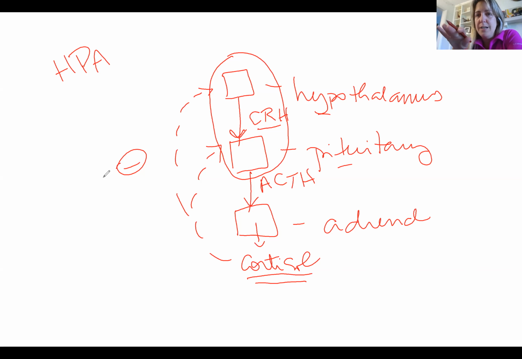You can stop releasing those. Then when the levels of cortisol drop in the blood, this feedback loop is going to stimulate the hypothalamus and the pituitary to produce and release more CRH and ACTH, so cortisol can go back up in the blood again, okay? So this is important. I need you guys to know this HPA axis very, very well, because it is going to be on the exam.